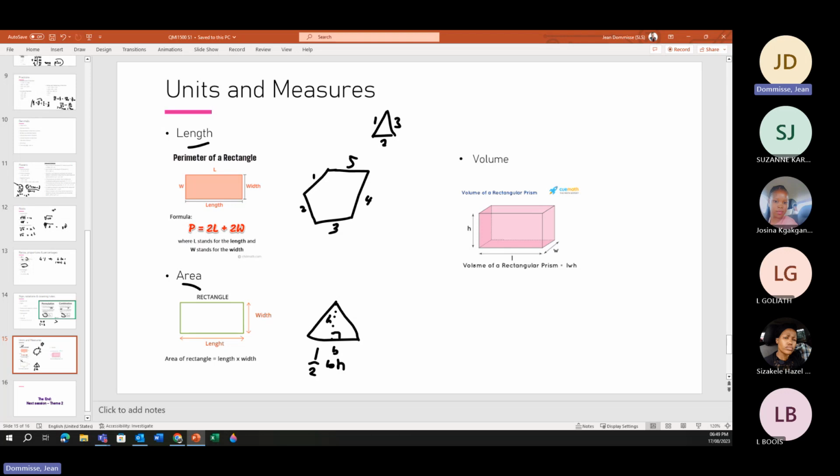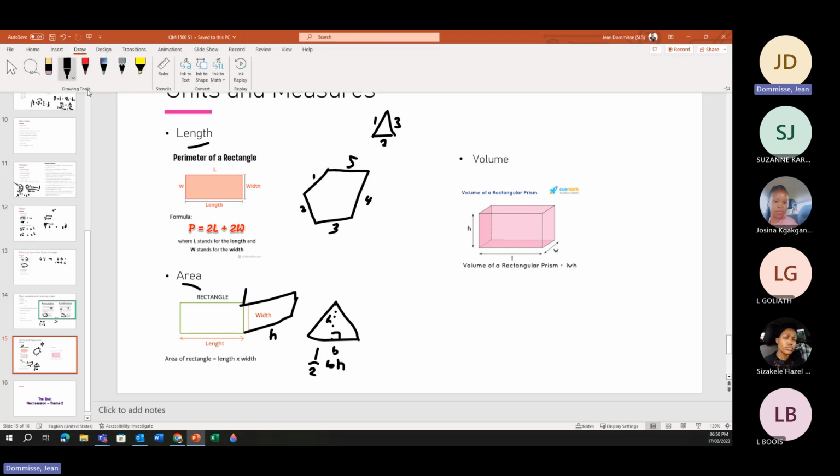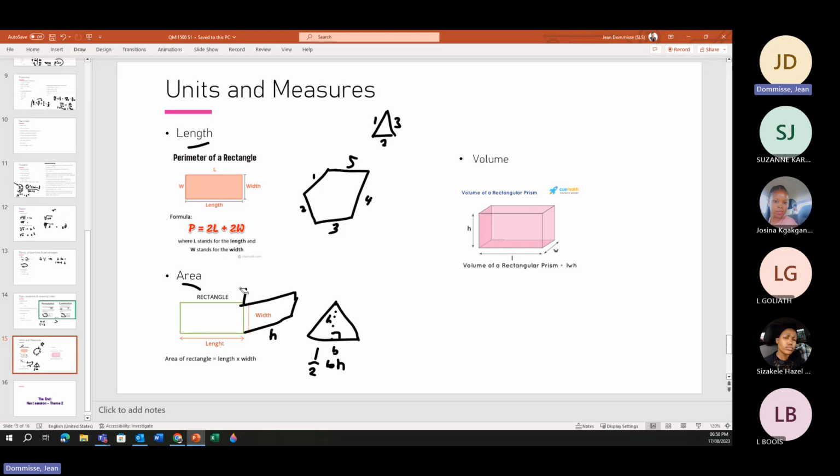And then the last one is volume. The only thing different with area and volume is basically that you add a height component. So then you would see it is exactly the same. The only thing that you add is a height component.